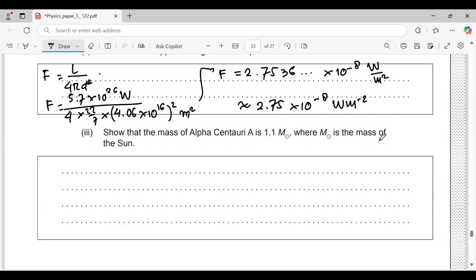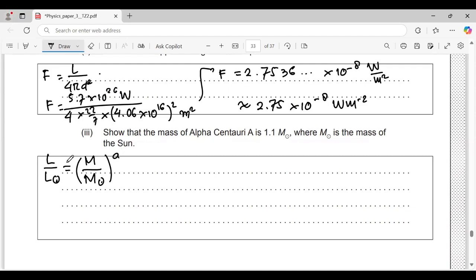So the mass-luminosity relation formula is given by this equation: the luminosity of the star over the luminosity of the sun equals the mass of the star over the mass of the sun, to the power a.